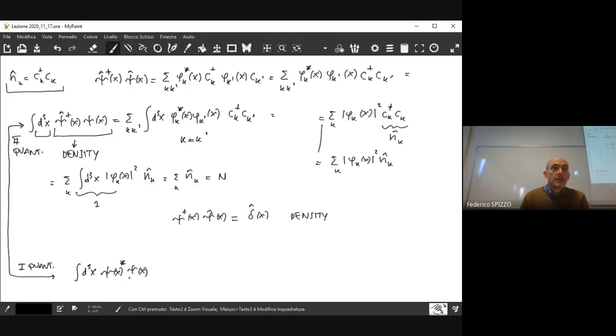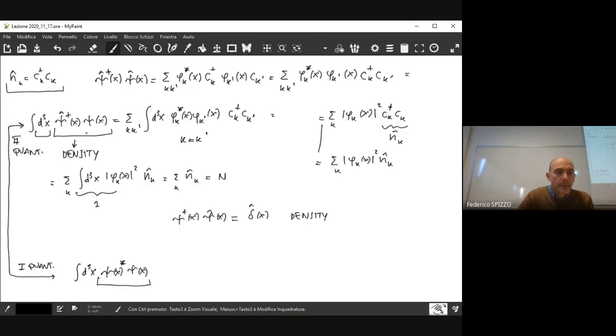so in general, the square modulus of a wave function represents the probability density to find one electron in that position. So if you make this integral, this is the equivalent of the probability density to find one electron in position x, then you multiply by the volume element, and then you make the integral over the full space or over the volume you are interested in to evaluate the probability to find the electron.